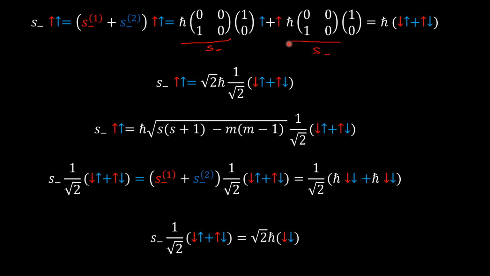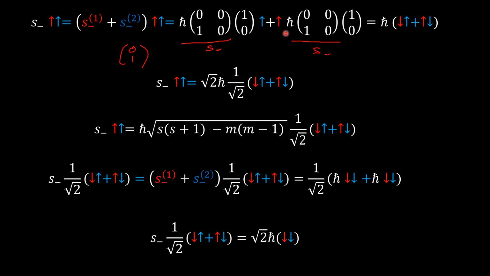Then the S minus matrix is stitched, and the spin up state is 1 0. What will happen now? You multiply the first row with the first column, 0. The second row with the first column, this will become 0 1. That is spin down. So this can be represented as h cross spin down. The red color will go to spin down, and the blue color I am keeping as it is.